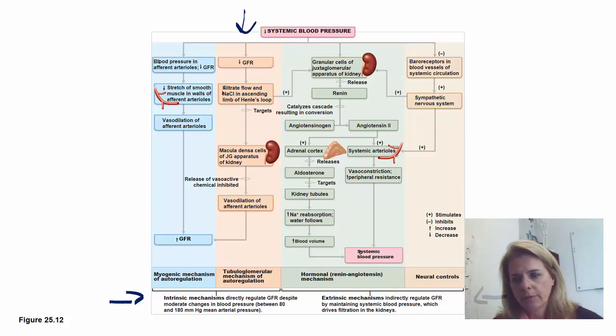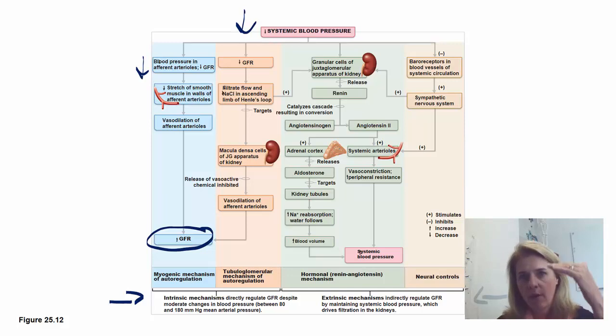So low blood pressure, remember you have receptors in your body. Low blood pressure is going to decrease GFR. That decreased GFR is going to decrease the stretch of the smooth muscle cells inside those afferent arterioles. That's going to cause those afferent arterioles to dilate, let more blood go through, let more filtration occur. That increases GFR. So that's the myogenic mechanism.